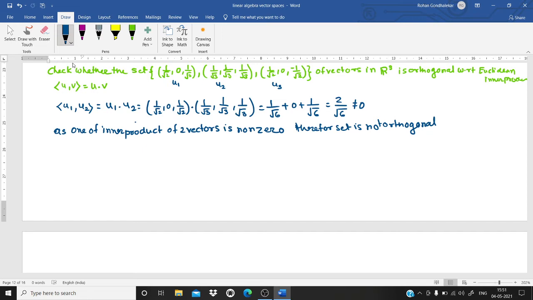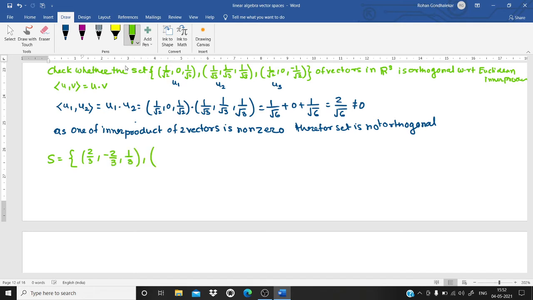Now we will go for one more set for discussing orthogonality. I leave the previous problem for you as homework. The set S: the first vector is 2 by 3, minus 2 by 3, 1 by 3.